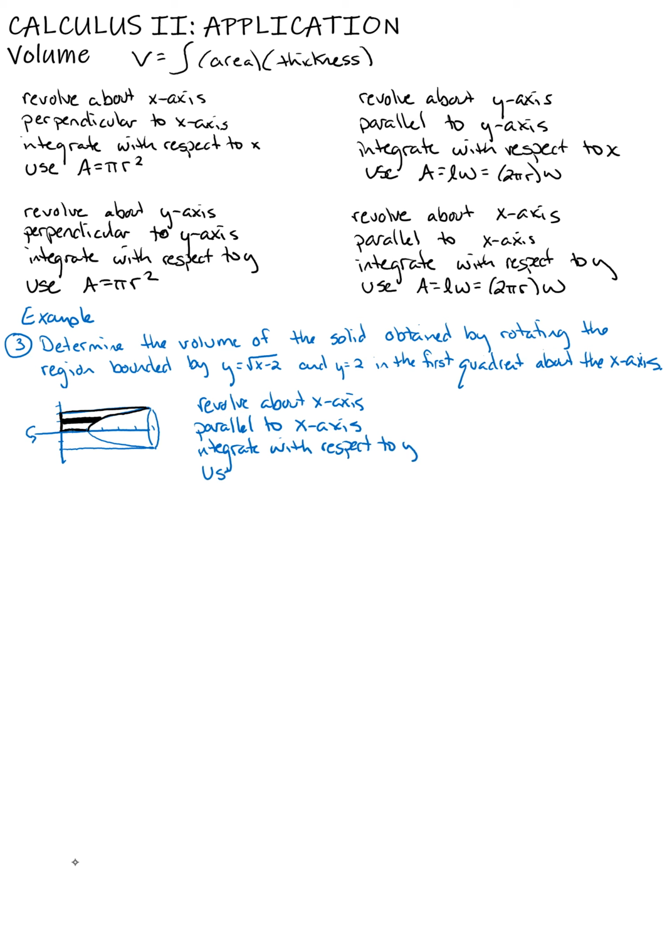And we will use the area to look like length times width. Of course, if you recall going over this method, the length is really the circumference, and circumference of a circle is 2 pi r. So we'll use 2 pi r w. To find our volume, we will want to integrate. Again, it's the area times the thickness.